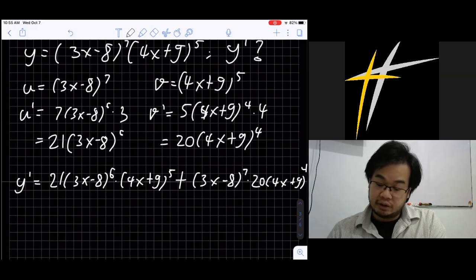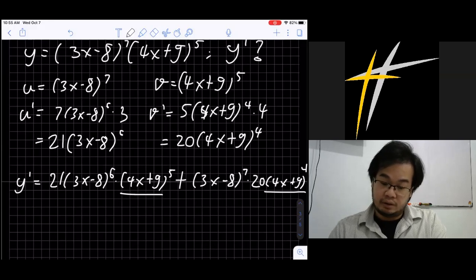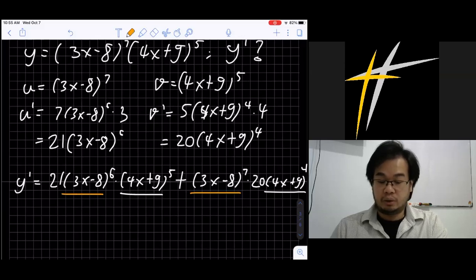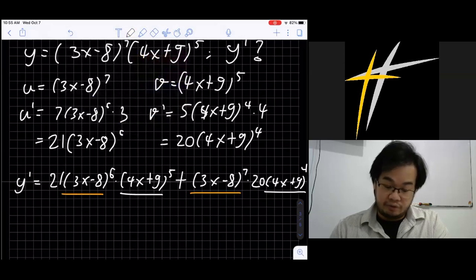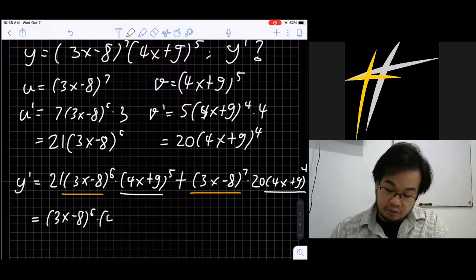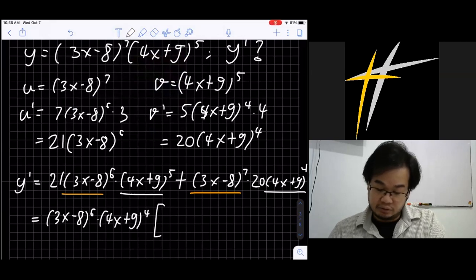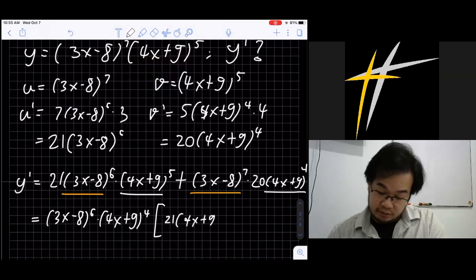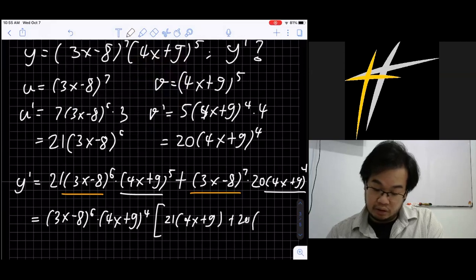The common factor is actually (3x minus 8) power of 6 with this one, and also (4x plus 9) power of 4 with this one. 21 and 20 don't have a common factor. So if I factor out, then I will have (3x minus 8) power of 6 (4x plus 9) power of 4, and the leftover is, for the first term, 21 times (4x plus 9). For the second one it is 20 times (3x minus 8).